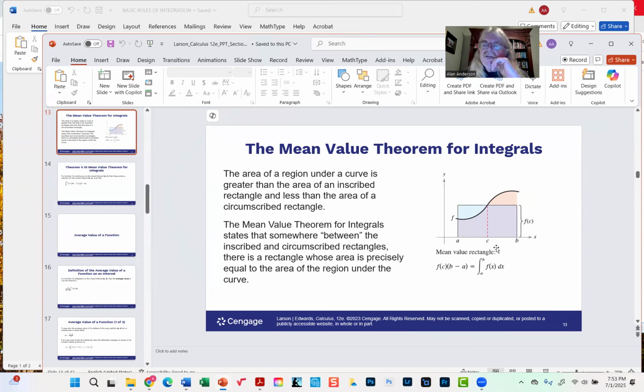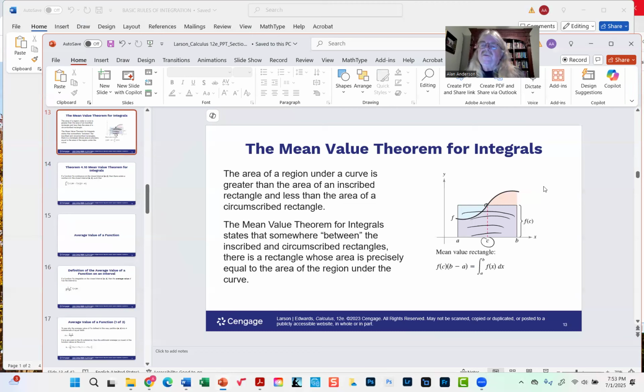In other words, here's the C. If I define a rectangle based on C and the two endpoints, that shaded area equals the entire area under the curve. The question is really finding that C at which this is true, but we know that it exists based on the mean value theorem.